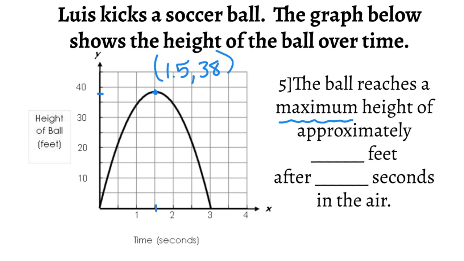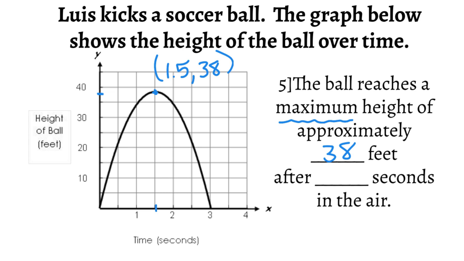A little bit below 40 and higher than 35. I say 38, 39. We're looking at the maximum height. Now, since height represents the y value, the ball reaches the maximum height at 38 feet. So that point, we're interested in the y value because that represents the y-axis. The height is in feet. We're looking at 38.